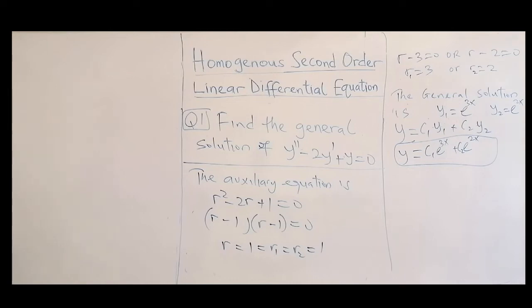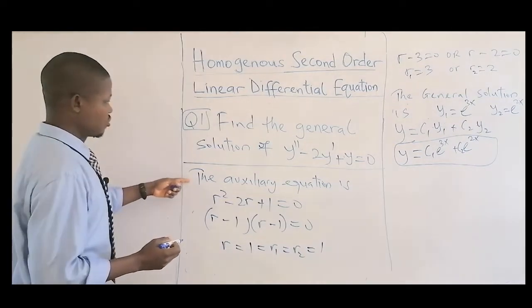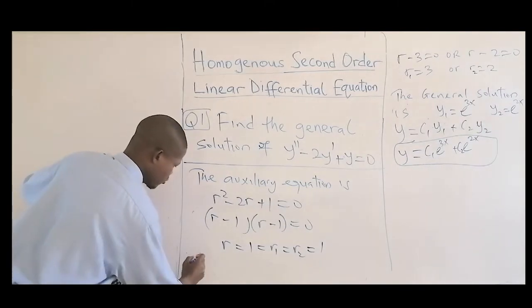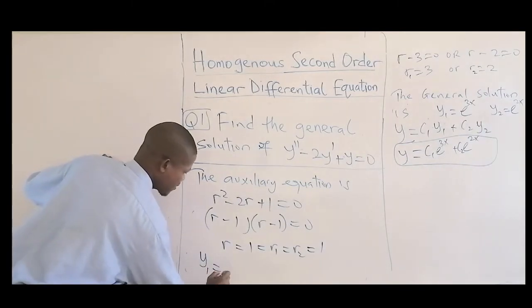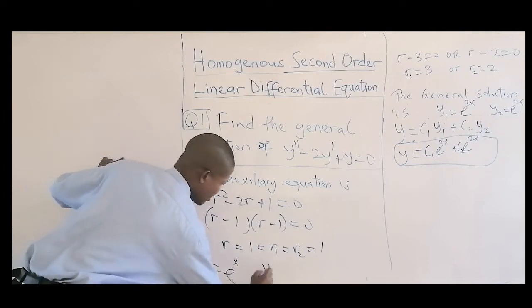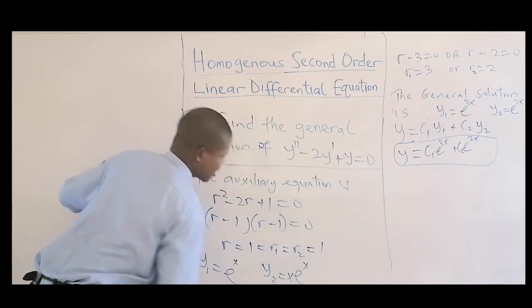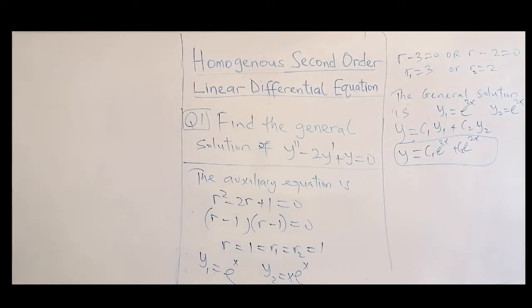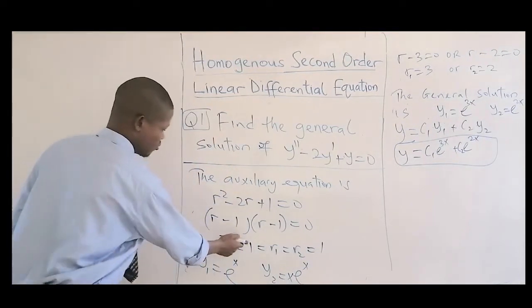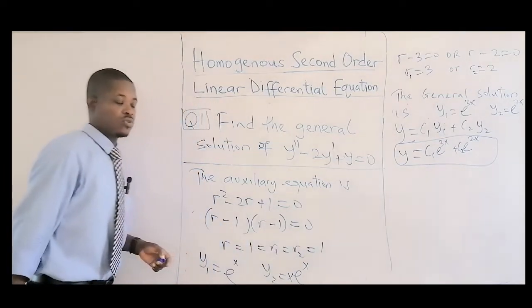So in that case now, without wasting time, y1 will be equal to e to the power x. And then y2 will be equal to e^x times x. If you have a repeated root, r1 equal to r2, you multiply by x.